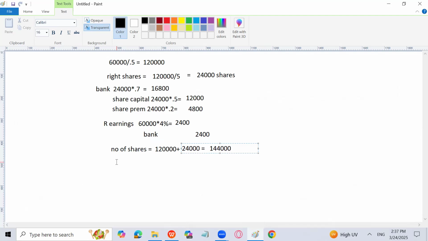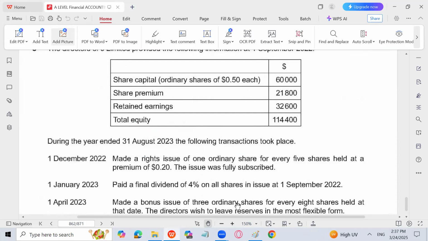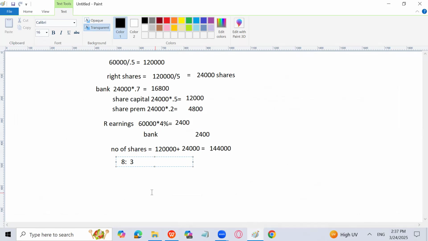144,000, right? The ratio for the bonus share is 8:3. Sir, how come? Let me make you see. 3 ordinary shares for every 8 shares held. So 8:3.